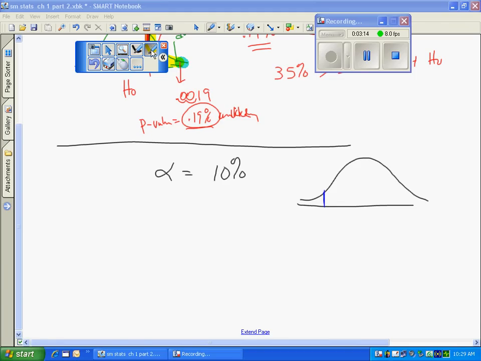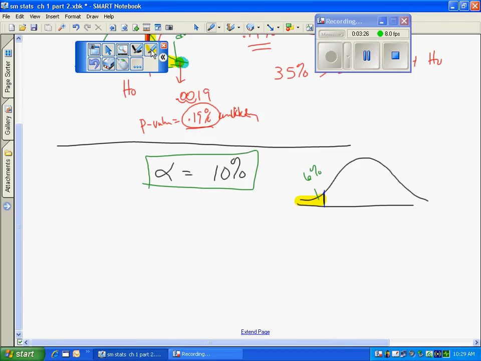So checking this area, I find that area to be 6%. It's pretty unlikely. Is it unlikely enough? This was my cutoff. Is it unlikely enough? Yes, it is. 6% is less than 10%. It's unlikely enough, so that is telling me to reject my null.